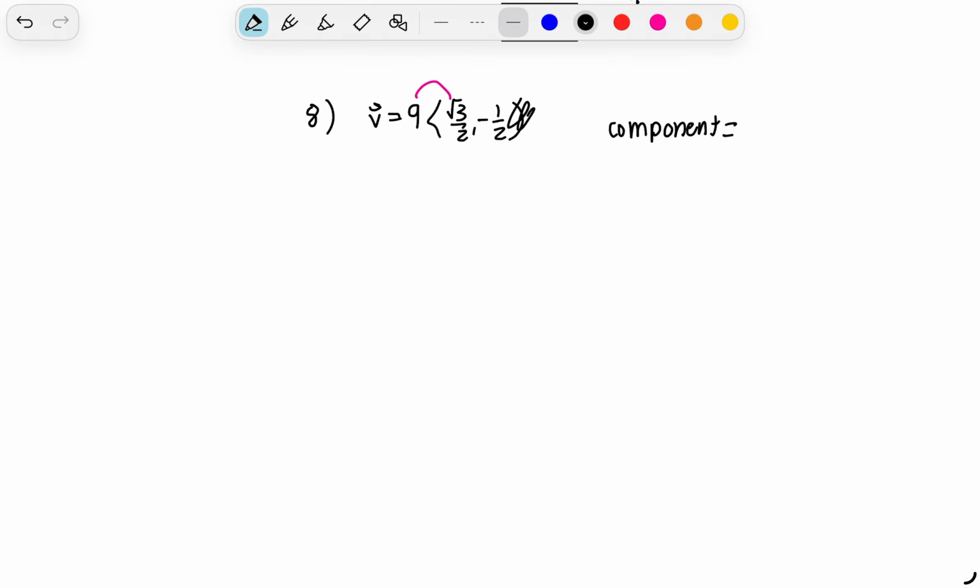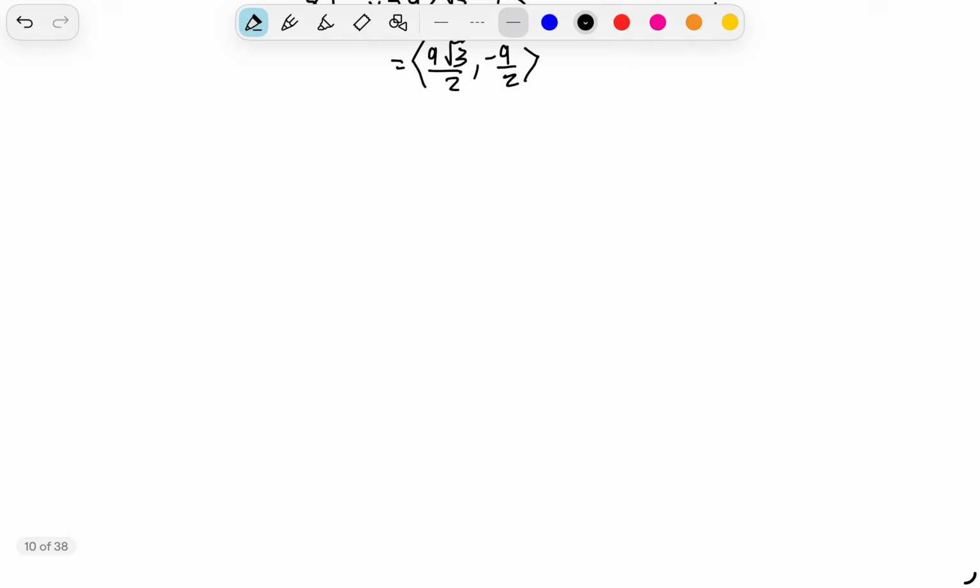This is component form, so it's going to be the triangle. And then you would have 9 times root 3 over 2, which is going to be this. And then we have 9 times negative 1 over 2, negative 9 over 2.